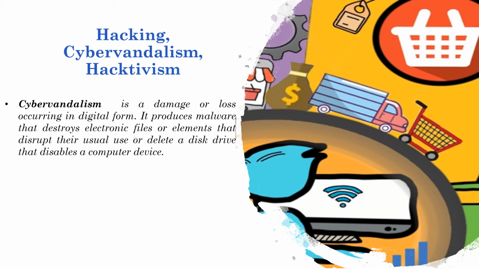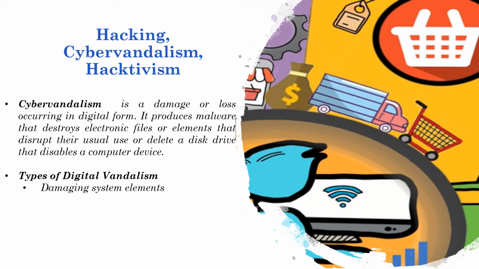So there are types of digital vandalism. We have damaging system elements. This is cyber vandalism that hits a business by damaging a service to interrupt its usual use. A distributed denial of service can occur when this happens.